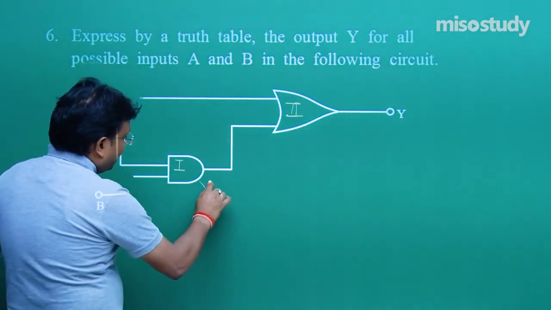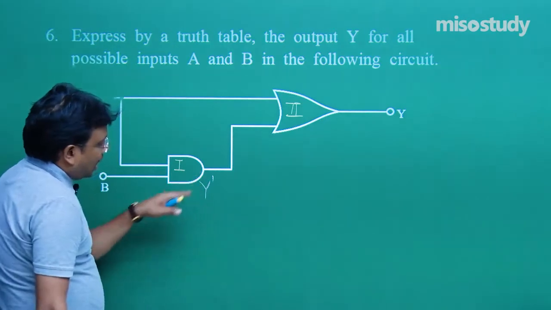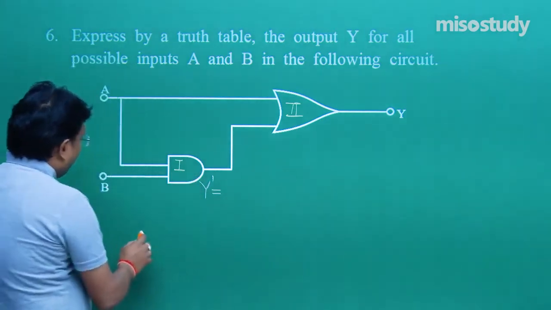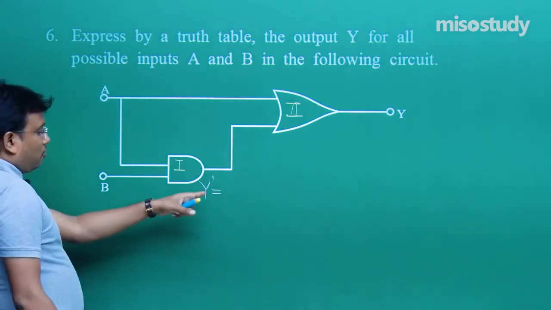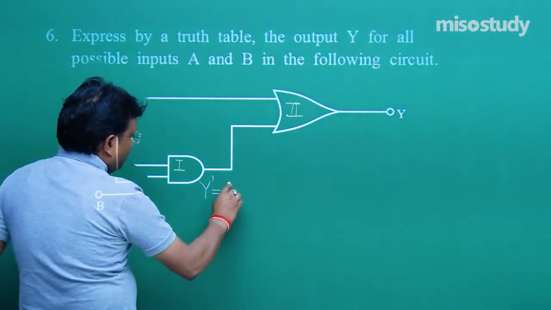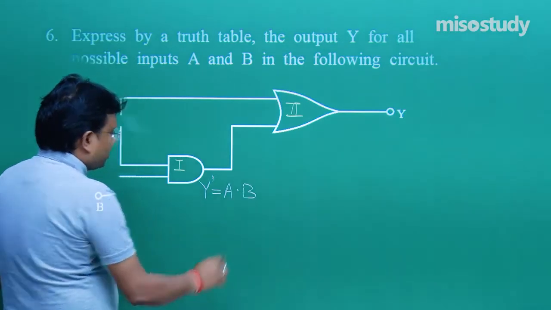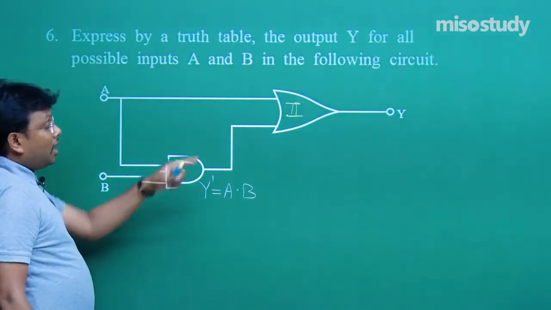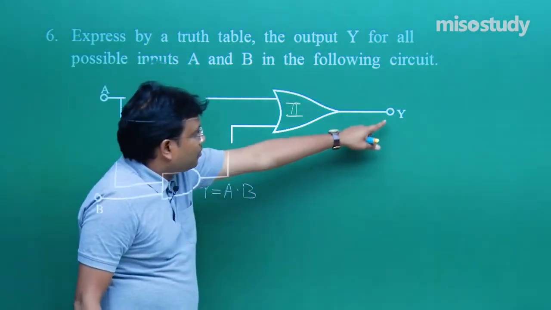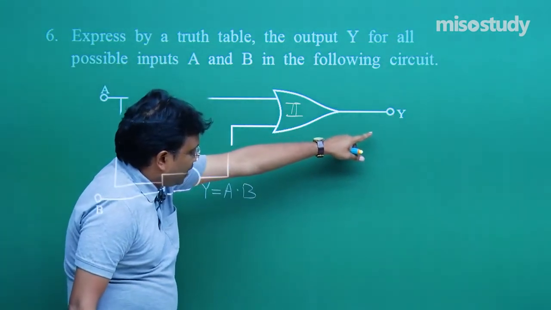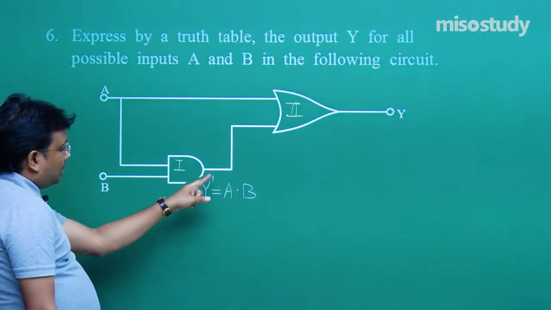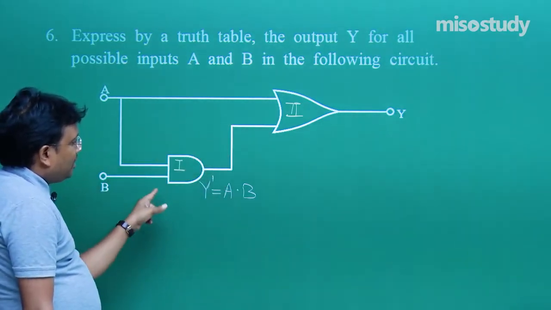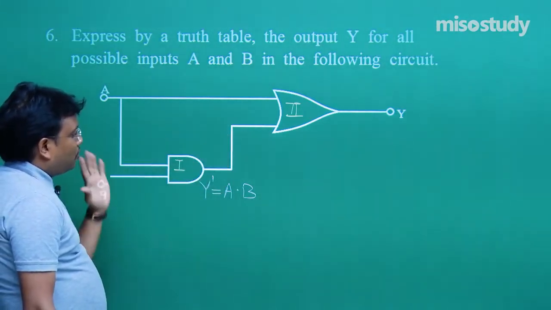Now, over here if I am saying this is the output y prime, fine, and this is B, this is A, please take a look. So, what will I write down over here? I will write A dot B because it is an AND gate. Now, take a look over here, basically this y is the final output, fine, and then, students, please take a look, that is B, and this entire amount is going here.